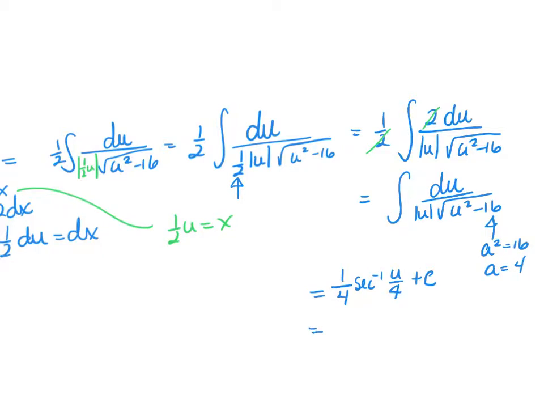But I don't have u, I have x, so I get 1/4 the secant inverse of u. We said u was 2x, over 4, plus c. So this is equal to 1/4 the secant inverse of x over 2 plus c.